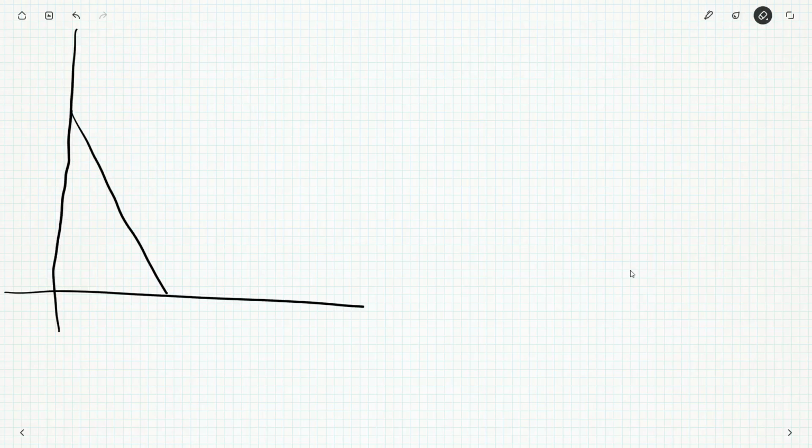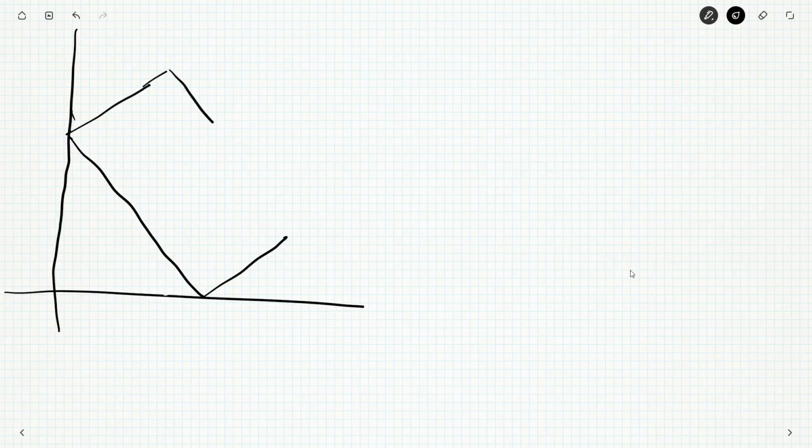I keep drawing it way too steep. Alright, that seems a little better.